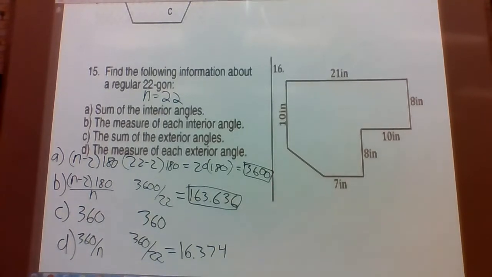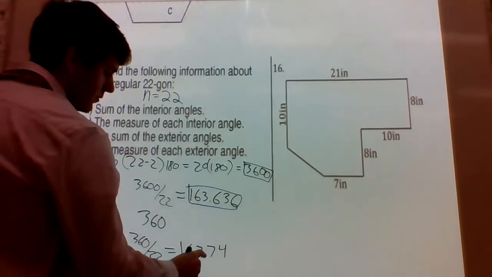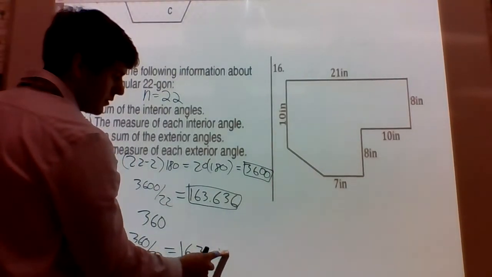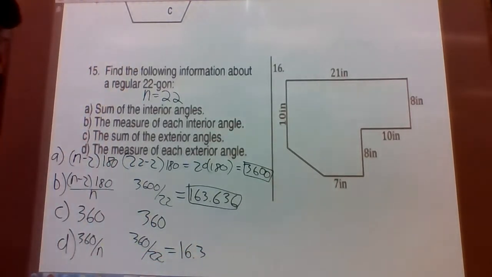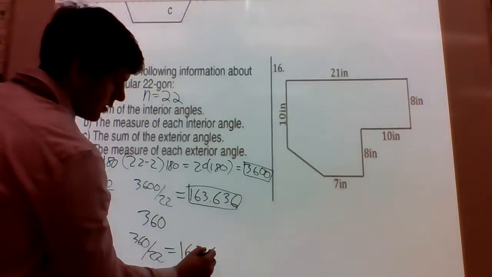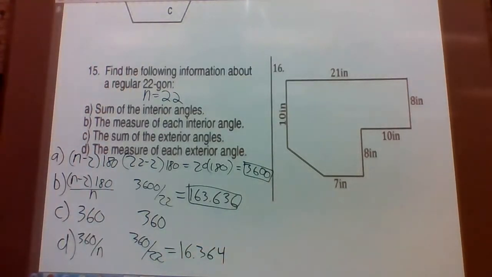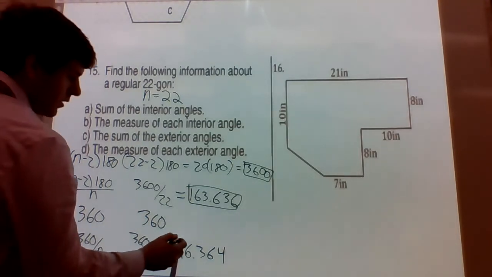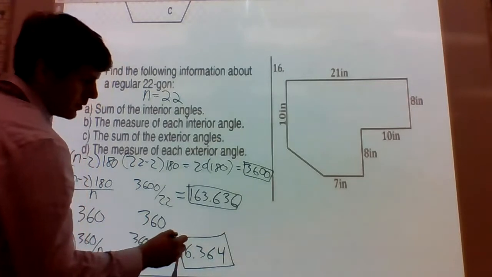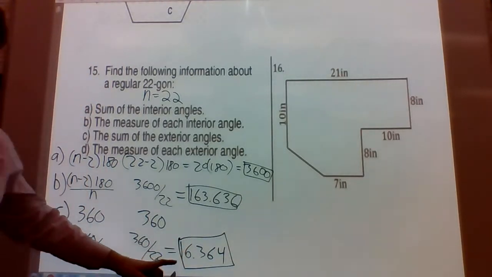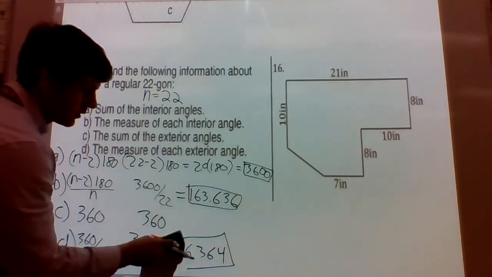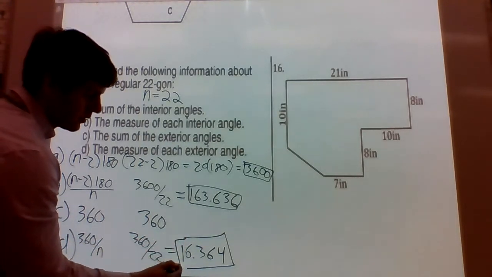Control Enter. 16. Right, and we see that those will be supplementary. Okay, it's 16.3. Here was the one, 16.364.